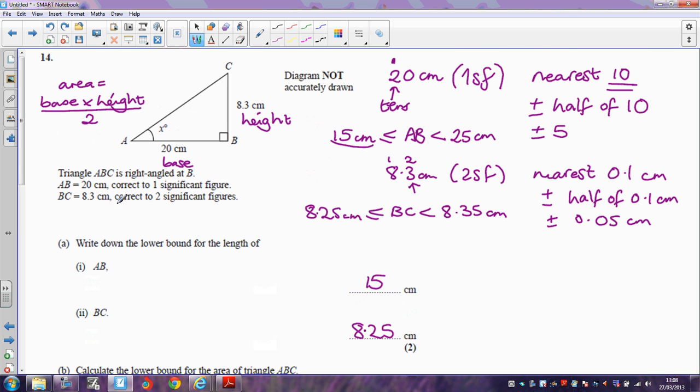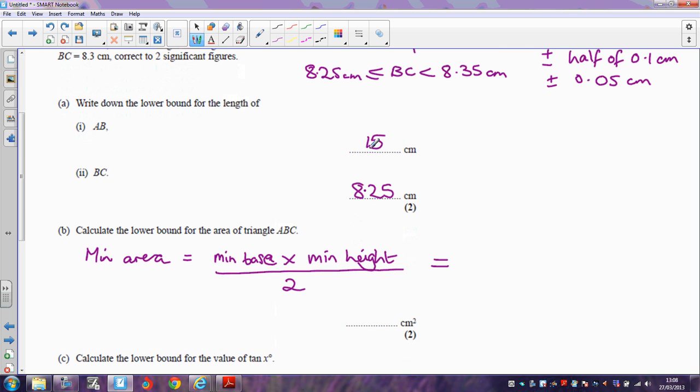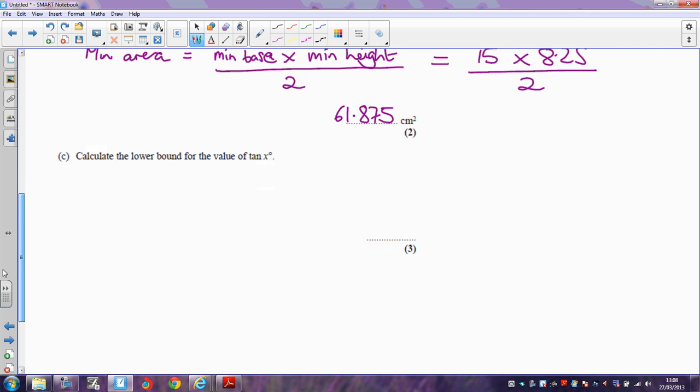The minimum possible length of that is the lower bound here, which is 15. We're going to multiply by the smallest possible height. Well, again, that's the lower bound here, 8.25. And if we divide that by 2, that's going to give us the smallest possible area. That comes out as 61.875 square centimetres. No need to round that.